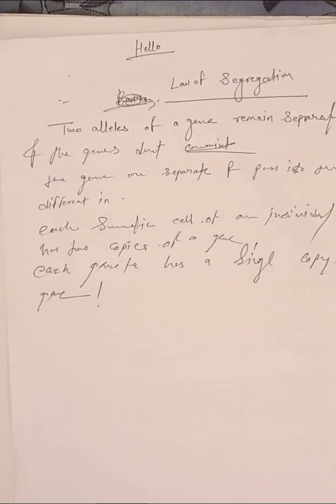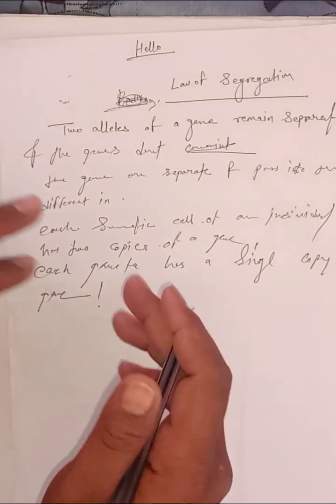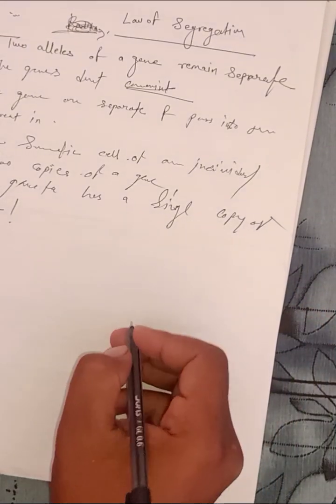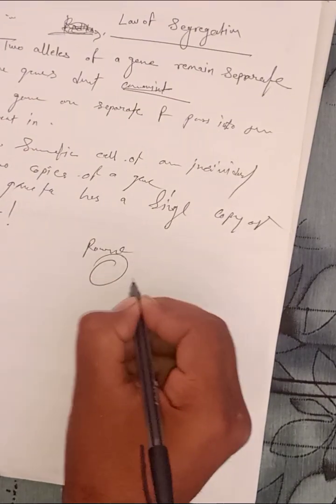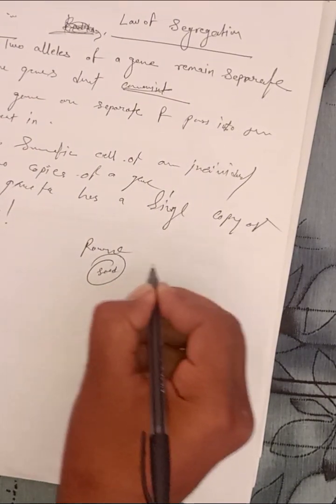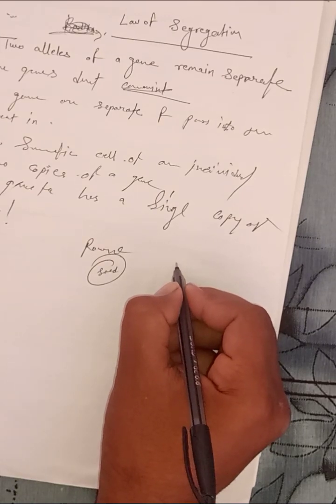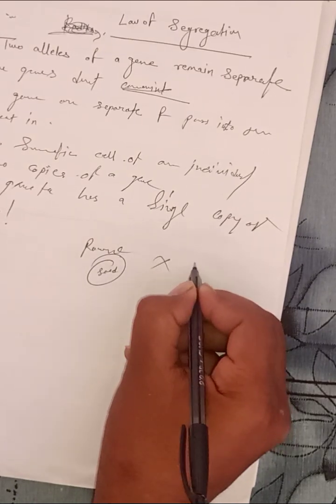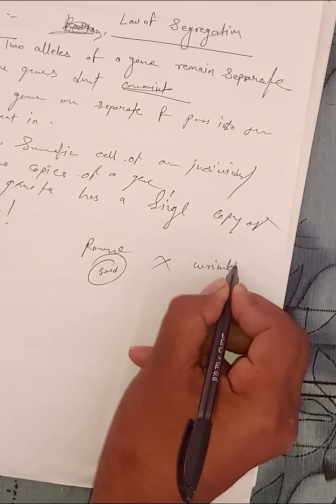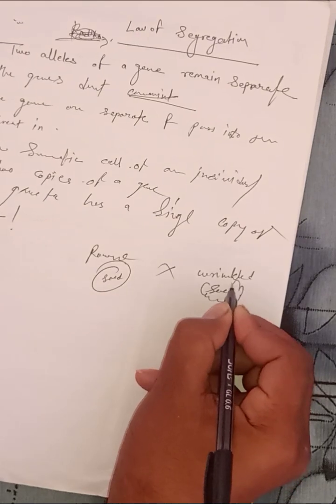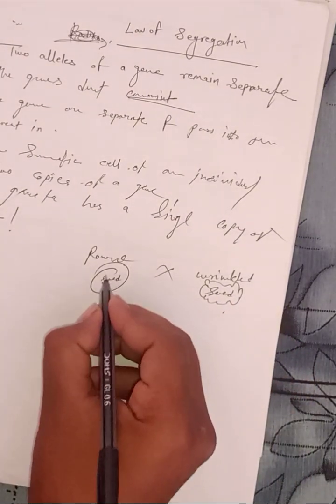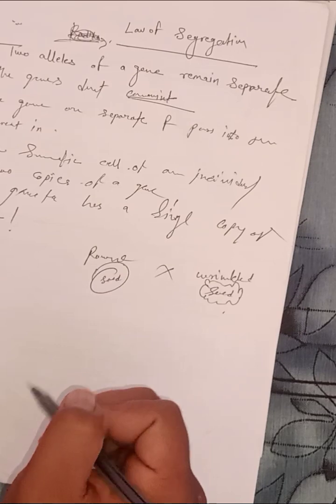Here we can cross a round seed and a wrinkled seed. This is the wrinkled seed, and this one is the round seed.